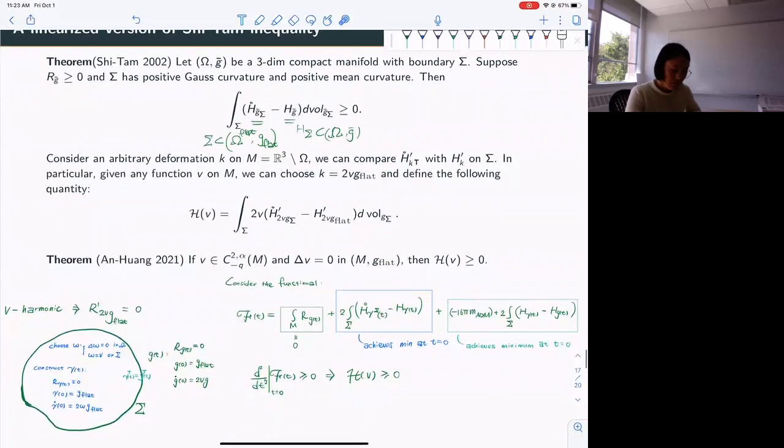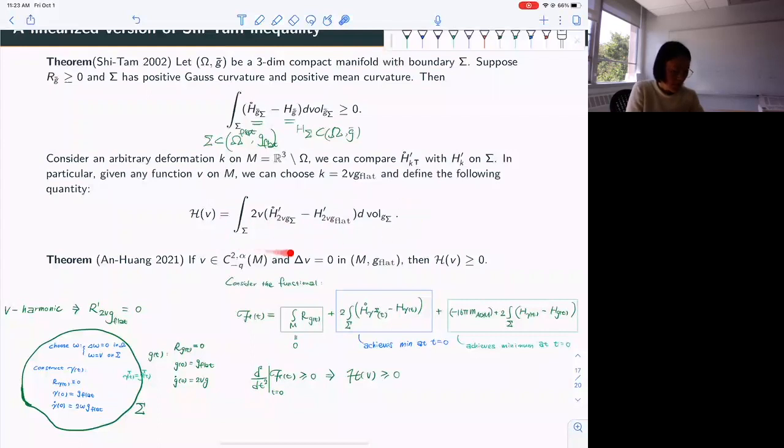Then we want to consider the difference between those two in the special case that this deformation K is a conformal deformation equal to 2v times the flat metric, where v is some function on M. So we insert K as 2v g flat and take the difference of those two quantities. In addition, we multiply this with v and take the integral.